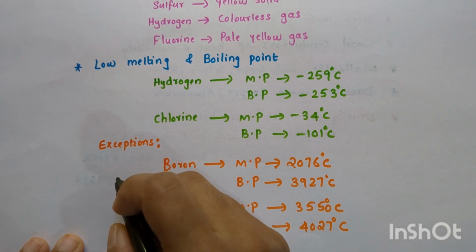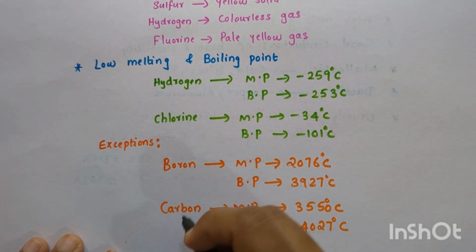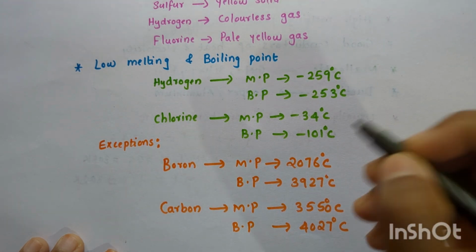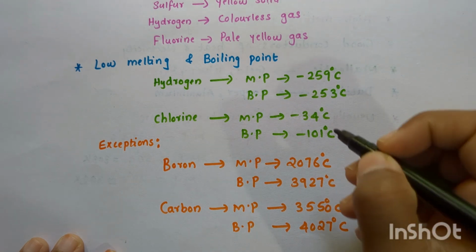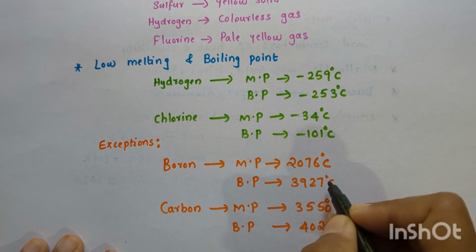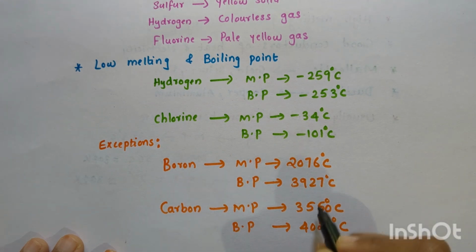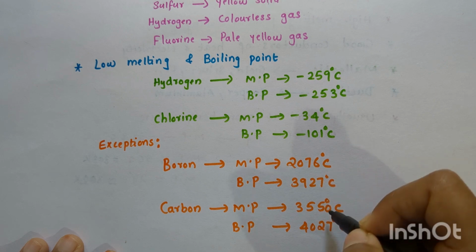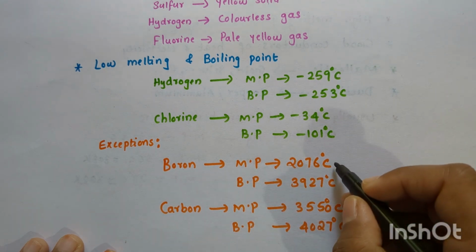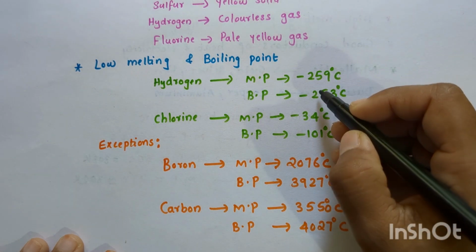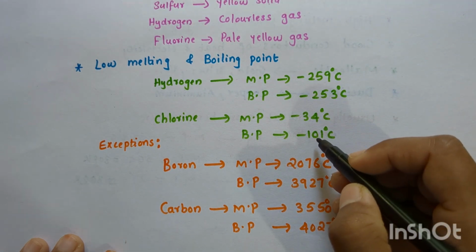Boron and carbon are non-metals, but they have exceptionally high melting and boiling points due to their unique atomic structures and strong covalent bonds. You can see their values here, which are very high. But usually all other non-metals have very low melting and boiling points.